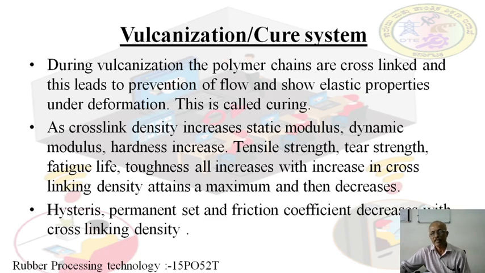Tensile strength, tear strength, fatigue life and toughness all increase with increasing cross-link density, attain a maximum and then decrease. Next point, hysteresis, permanent set and friction coefficient decrease with cross-link density.